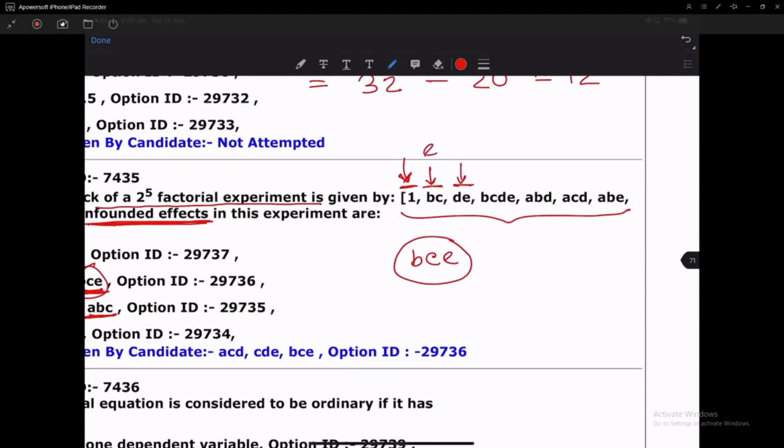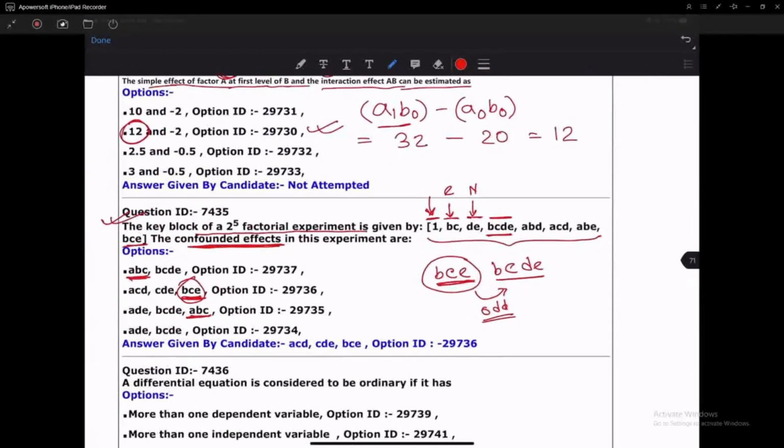With BCDE, BCE and BCDE have an odd number of common members. So BCE cannot be a confounded effect, which means option 2 cannot be correct.